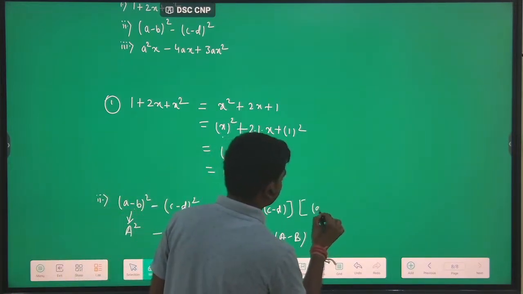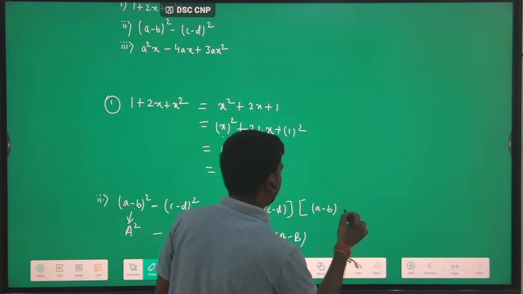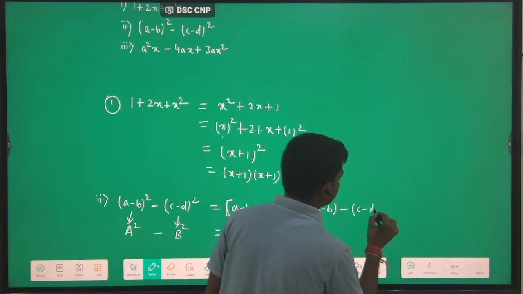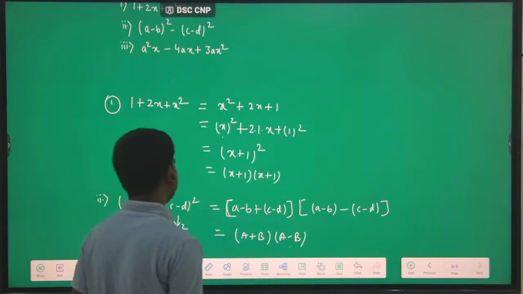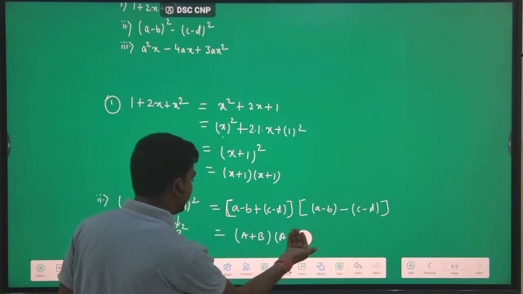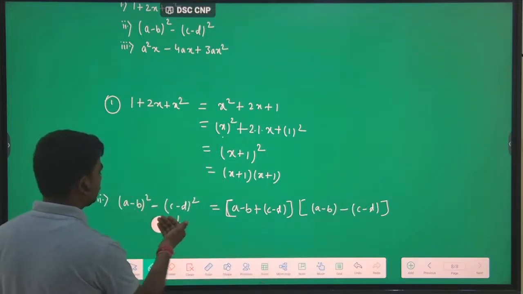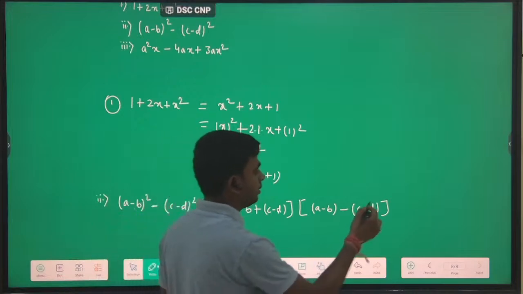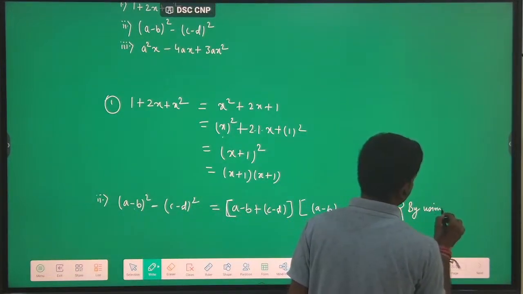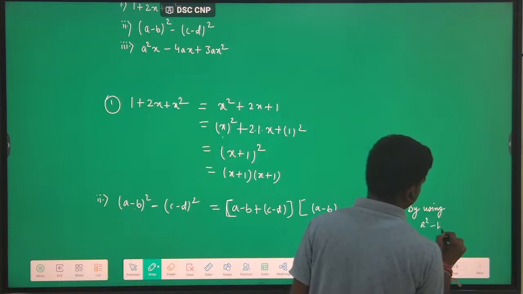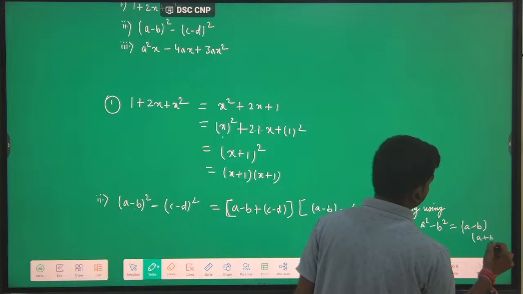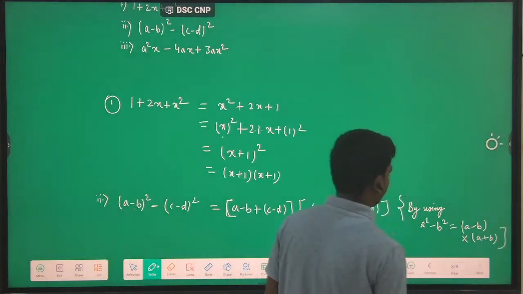So a is small a minus small b, minus b is small c minus small d. So this expression can be written in this form by using the formula a square minus b square is equal to a minus b multiplied with a plus b.